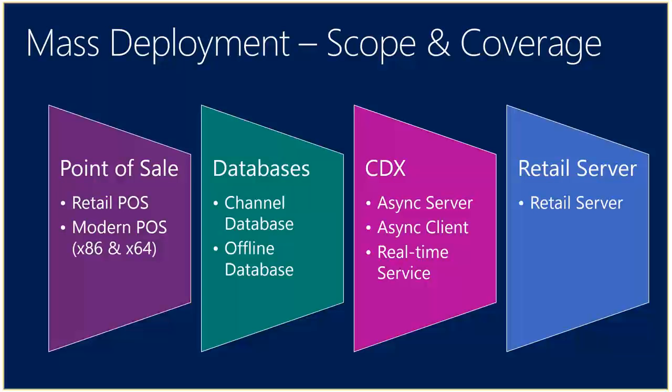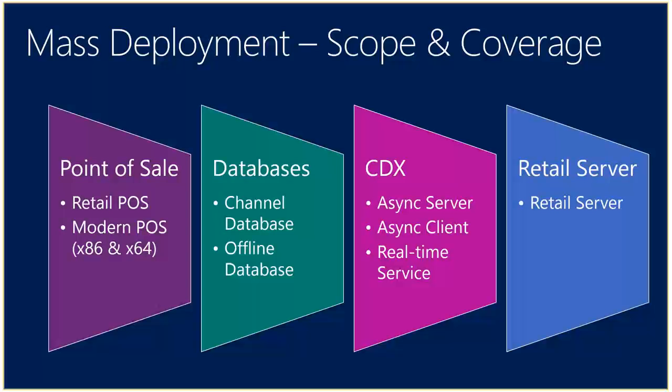The other bucket is the commerce data exchange components, namely the async server and client, along with the real-time service. And finally, for retail server, we're able to mass deploy the retail server component using this feature.